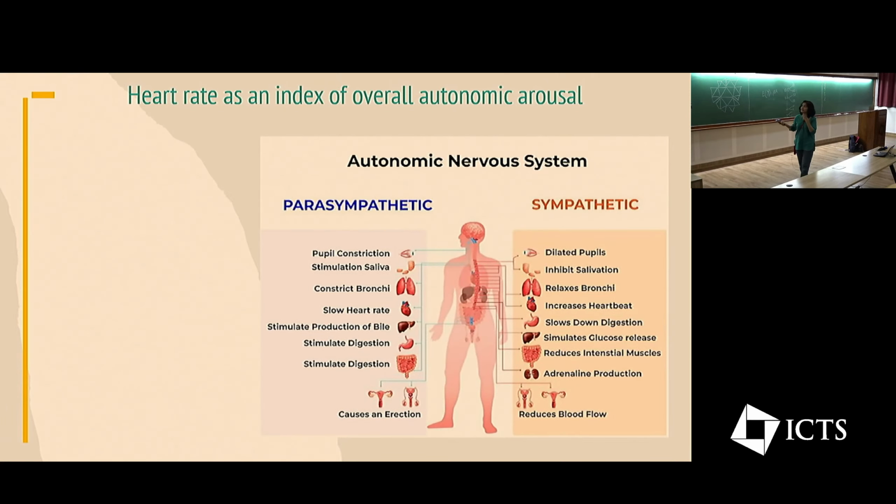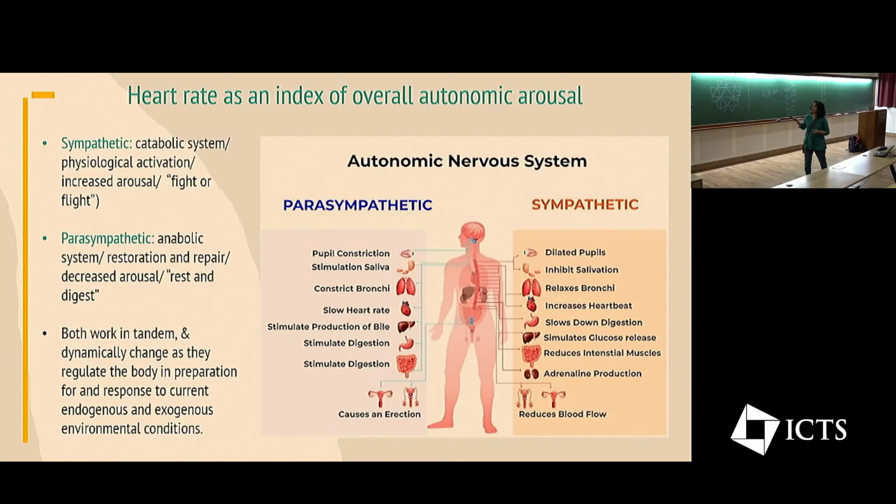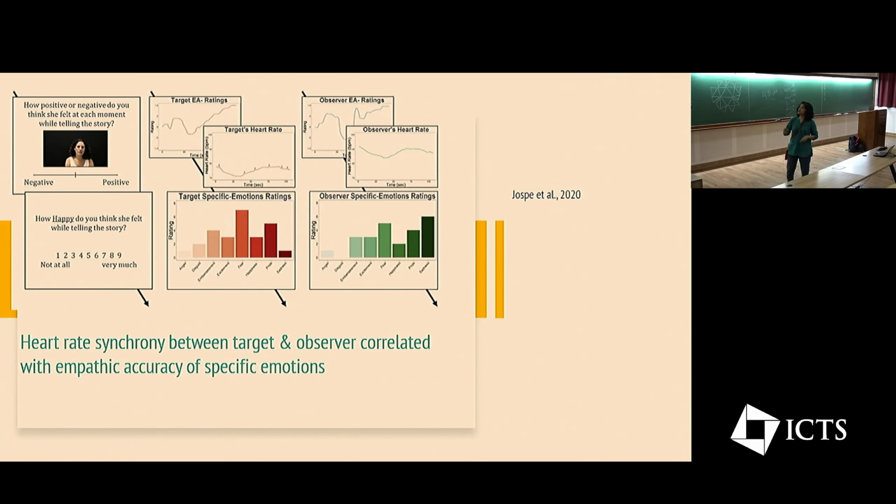Another thing is that we know heart rate is an index of autonomic arousal. So people have used heart rate as a measure to do something interesting. They watched videos of people narrating positive and negative events in their lives, okay? While heart rate was being monitored for not only the person in the recording, but also the participant who is viewing these recordings.